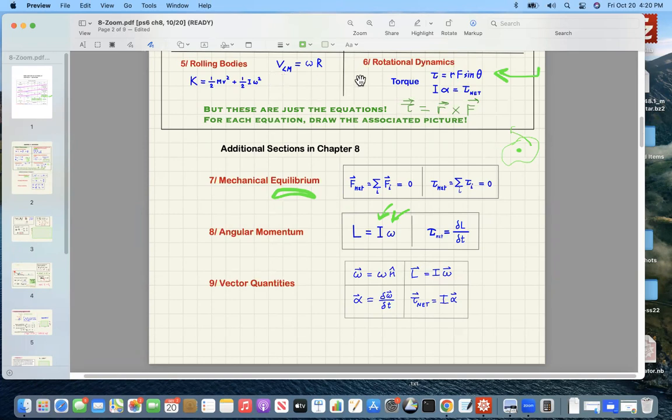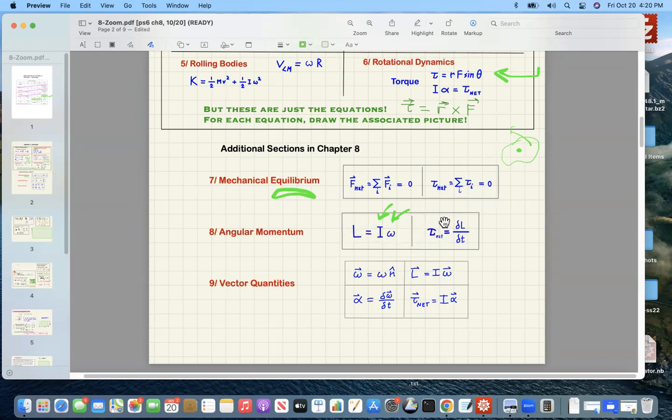So all of these rotational equations are analogous to equations that we saw before for motion of a center, or of a particle, or of a sphere or something. But now we're not talking about the motion of the center in space. We're not talking about that translation. We're talking about the rotation, or the change of orientation of some kind of extended object.